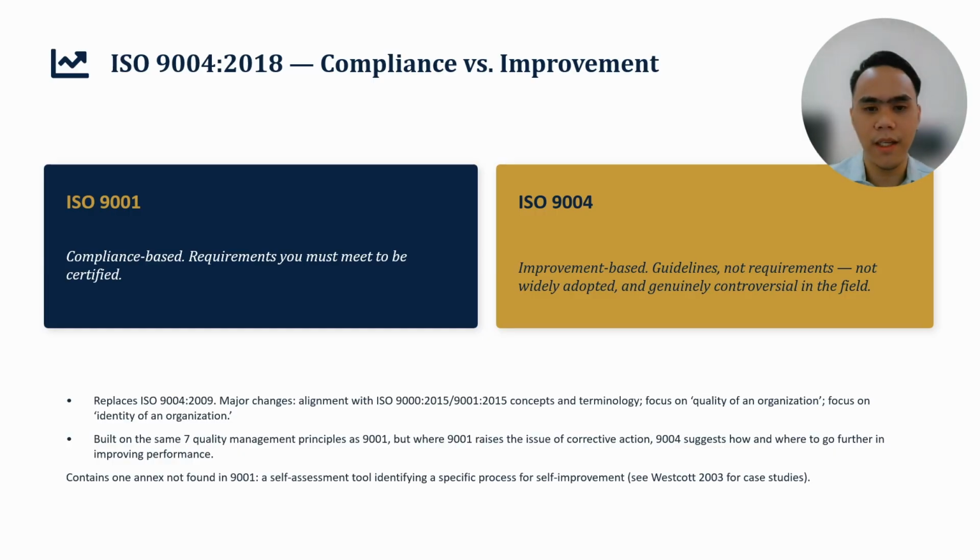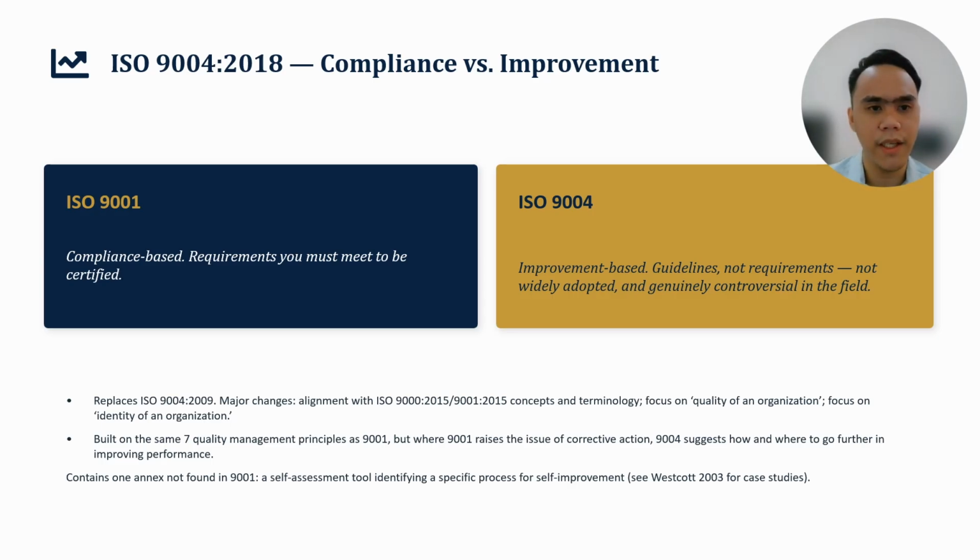So let's cover ISO 9004:2018 properly, because it's different in character from ISO 9001, and the difference matters. Whereas ISO 9001 is compliance-based, ISO 9004 is improvement-based. All the great ideas in 9004 are guidelines, not requirements.